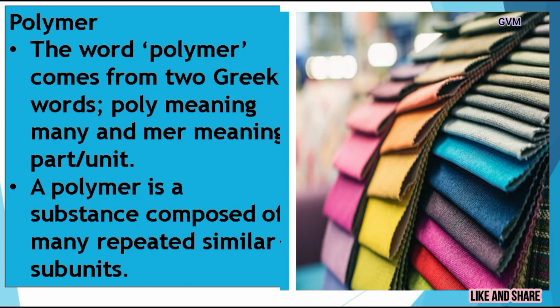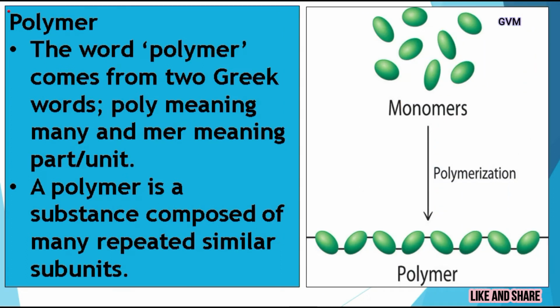And even the artificial sources are used to make the plastic utensils that we use in our house. Students, as you can see here the heading polymer. This word polymer basically comes from two Greek words, poly and mer. Poly means many, and mer means unit.